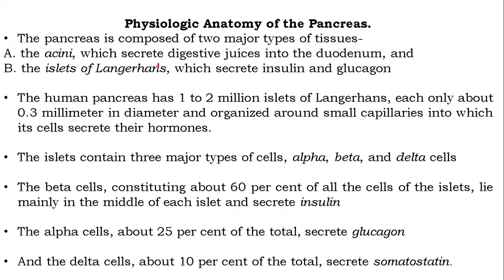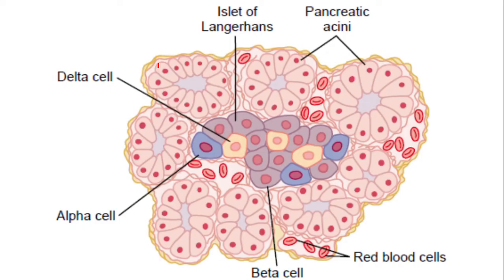From where is insulin produced? Insulin and glucagon are produced from the pancreas. What is the structure of the pancreas? This is the structure of the pancreas. You can see acini, pancreatic acini, a group of cells not concerned with the production of hormones.